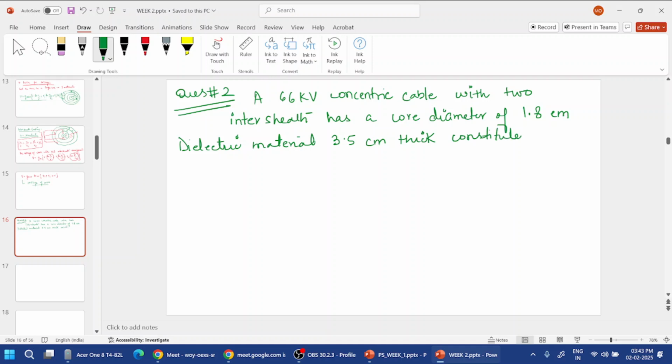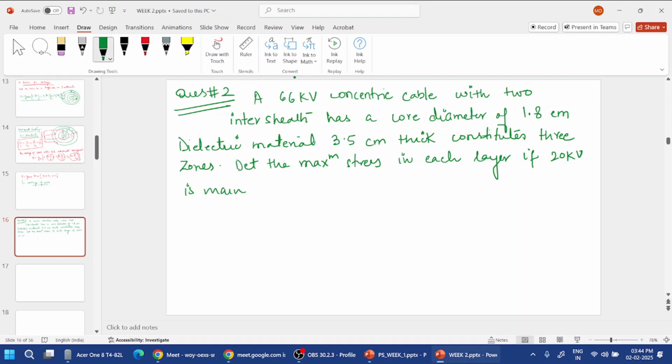constitutes three zones. Okay, so here one dielectric material is forming three zones. Now determine the maximum stress, which is G, in each layer, if 20 kV is maintained across each of the inner two.